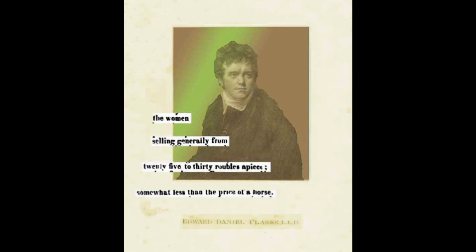He speaks of one particular Circassian female who was 14, who was conscious of her great beauty, who feared her parents would sell her according to the custom of the country. How much? The women selling generally from 25 to 30 rubles apiece, somewhat less than the price of a horse.